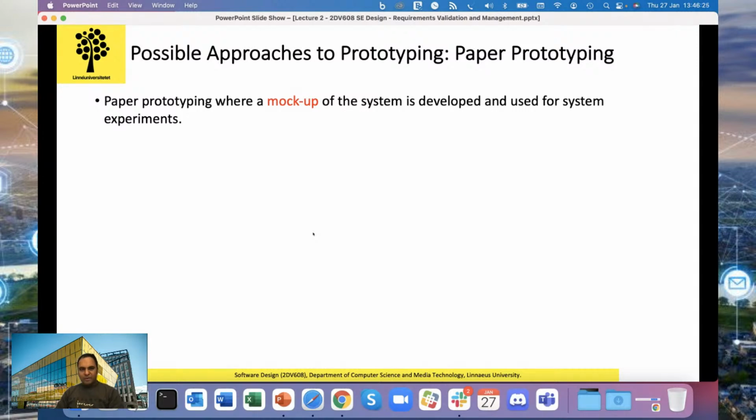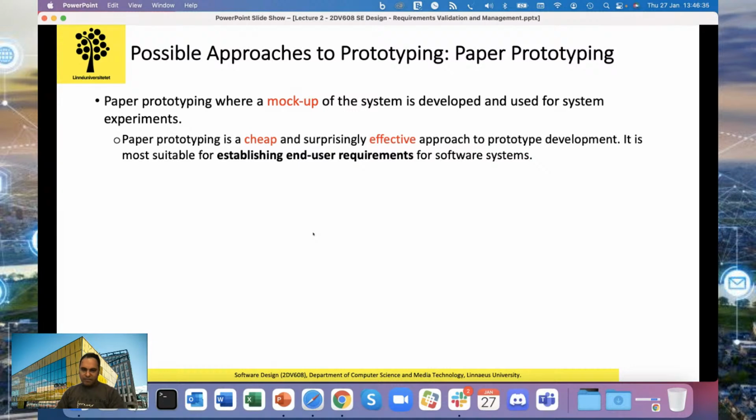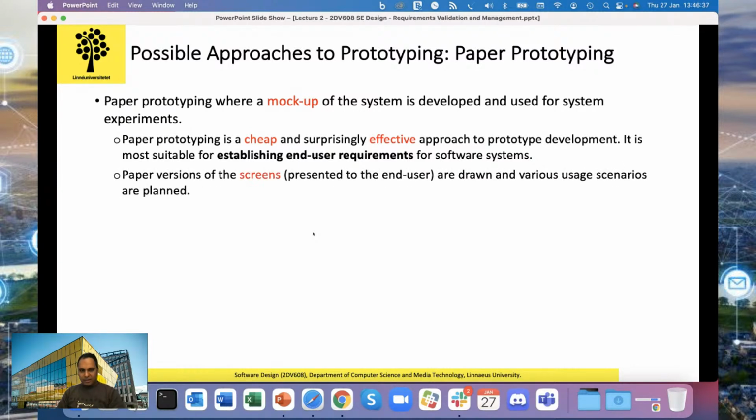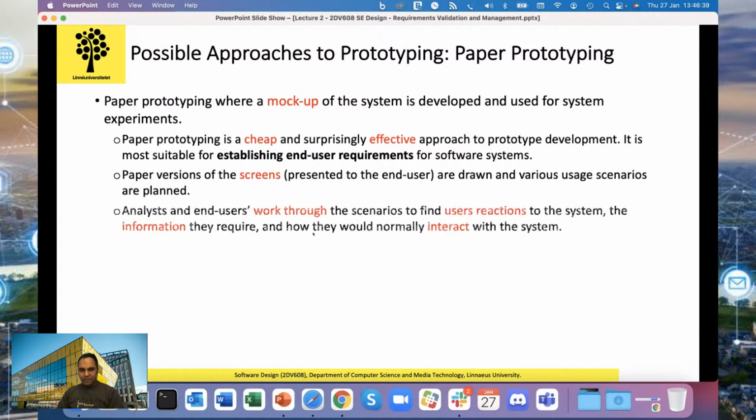Paper prototyping is a method for creating a mock-up of a system using only pen and paper. It has some benefits, and it also has some cons. The benefit is that it's a really cheap and effective way to represent a system and to find out problems from the end user or based on their feedback.